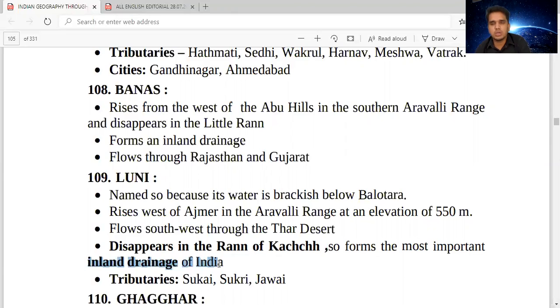Inland drainage means it goes inside the land and creates a stream inside the land. So you can imagine how pure its water can be. Inland drainage of India.